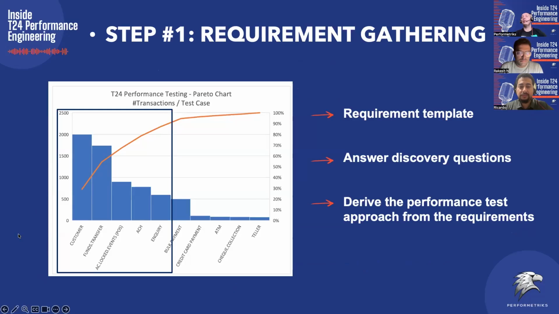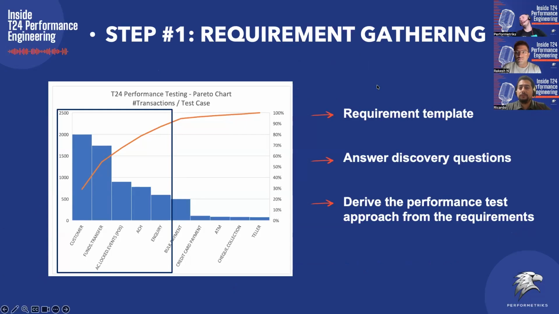Okay, so what are the steps in our work when we want to load test or performance test any kind of application? We start from requirement gathering. This is a crucial point for every project, because we need to know what we are going to test and what volume we should test.